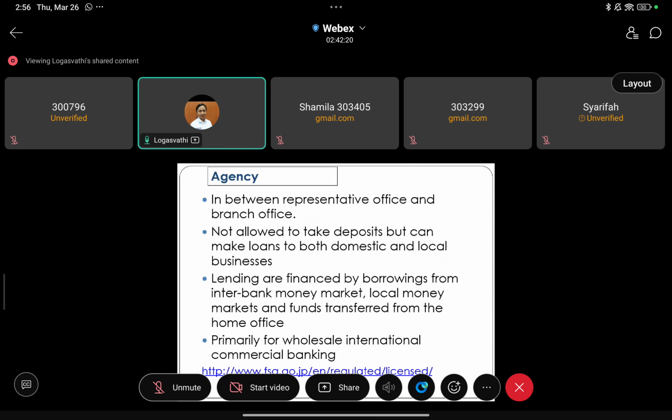Maybe for a Malaysian client in Brazil, that's it. But an agency cannot accept deposits, but can provide loans. Branches can accept deposits and give loans as well. So these are the main differences between representative offices, branch offices, and agencies.